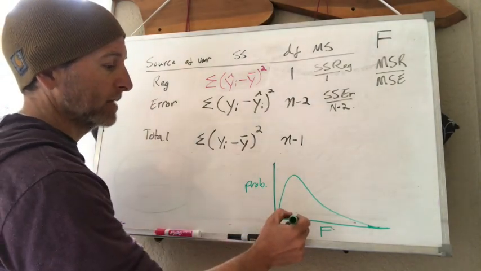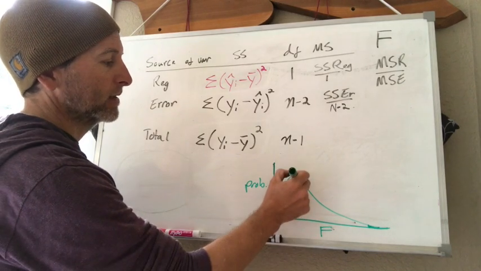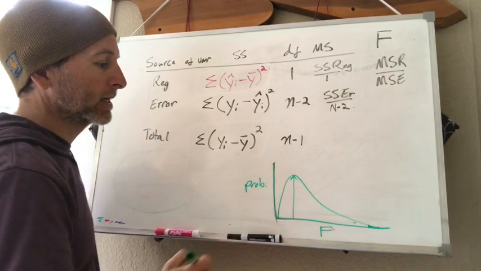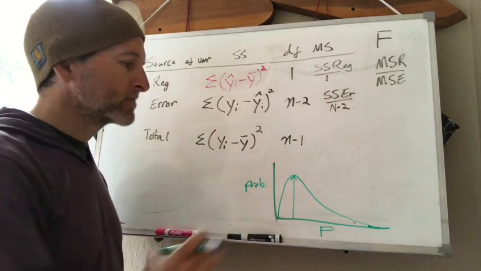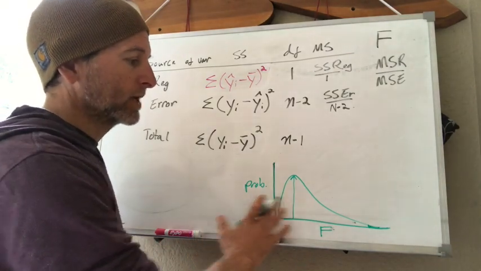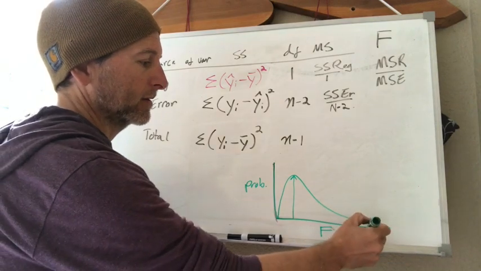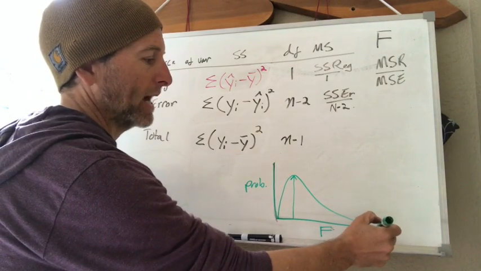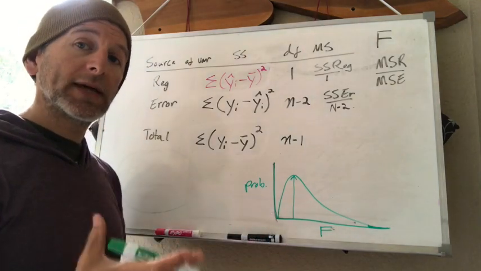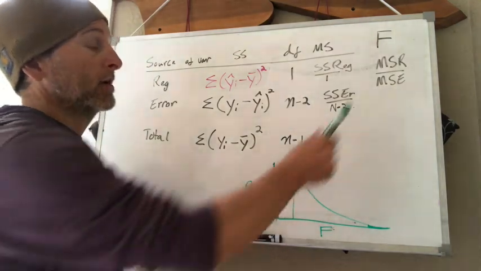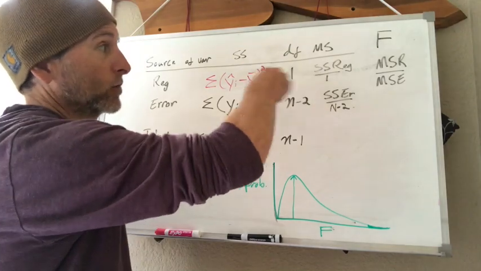So most of the time, if there's no real relationship, you're going to end up with a low F score. As you get higher and higher F scores, there's a lower and lower probability that you'd get that due to chance. In other words, there's probably something real going on here.